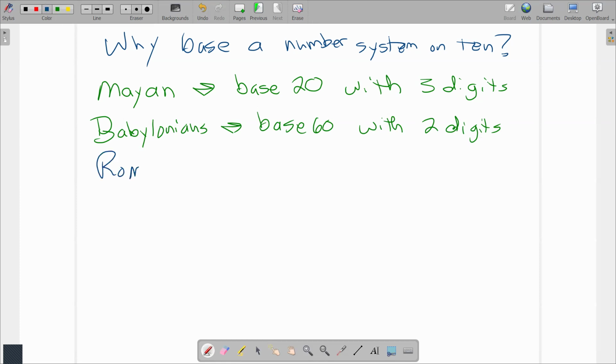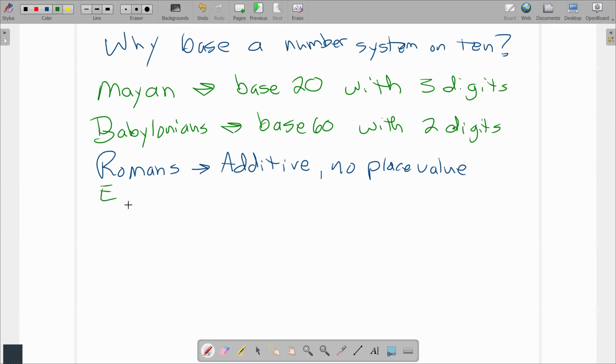Romans. Theirs wasn't really a base system. It was more of an additive system because they didn't have place value. Egyptians were pretty similar.